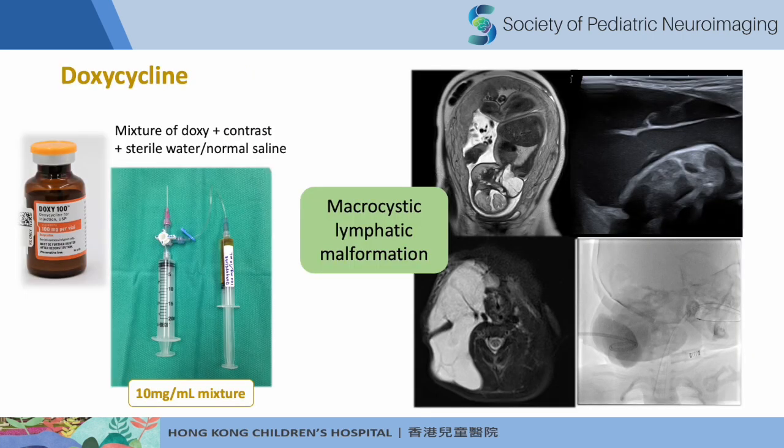So doxycycline is one of the most common and traditional agents used for macrocystic lymphatic malformation. The dosage is 10 milligrams per mL in the mixture, and you have 100 milligrams in one vial. So usually we mix it in this dilution and administer it to replace the amount of fluid that's aspirated from the cyst.